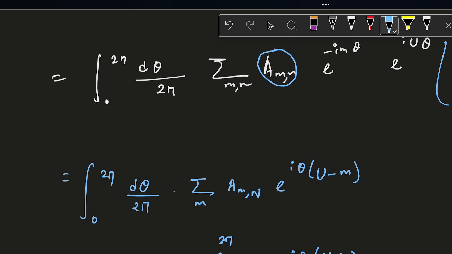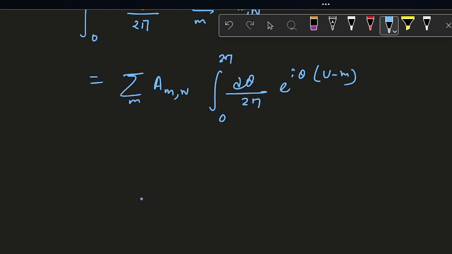So you can define another Kronecker delta term here. It is a_mn, and then delta of capital U comma small m. Again the same thing: the sum over m will be absorbed with the Kronecker delta, and in the coefficient the m value will now be replaced with capital U.